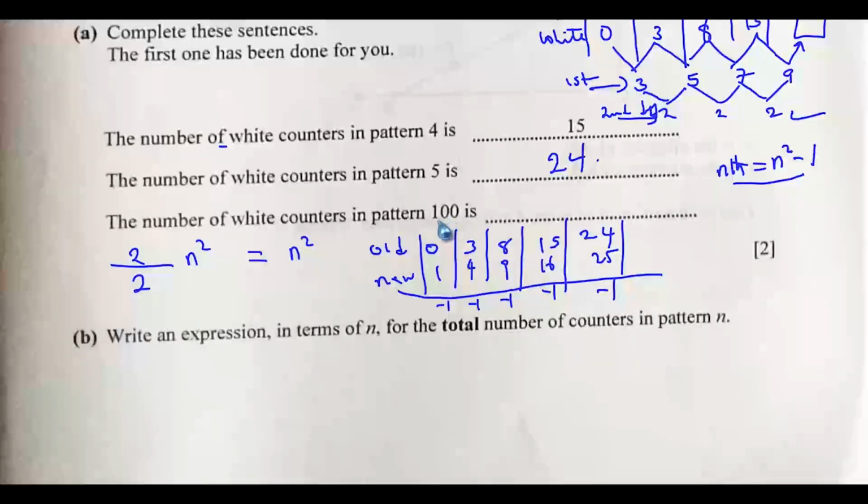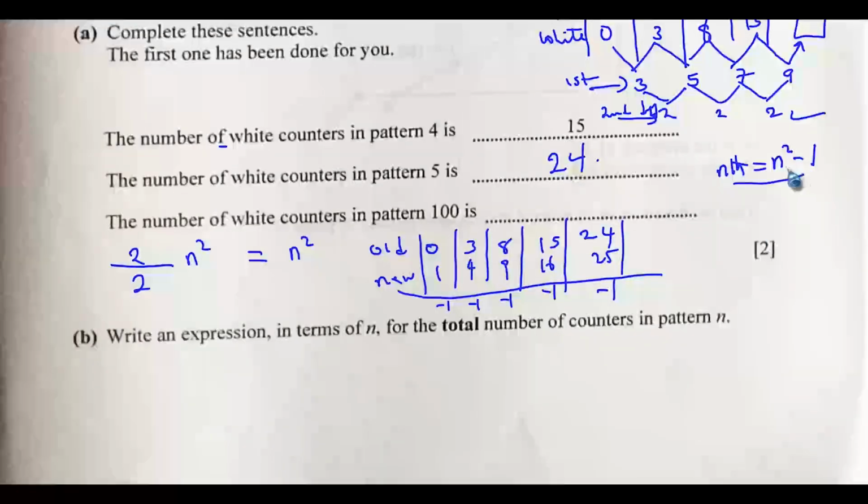Since we have this, it is easy for us to get the number of white counters in pattern 100. Here n is the position, the number of the pattern, and the nth term will give us the number of white counters there. You may want to check this nth term to see if it is correct.